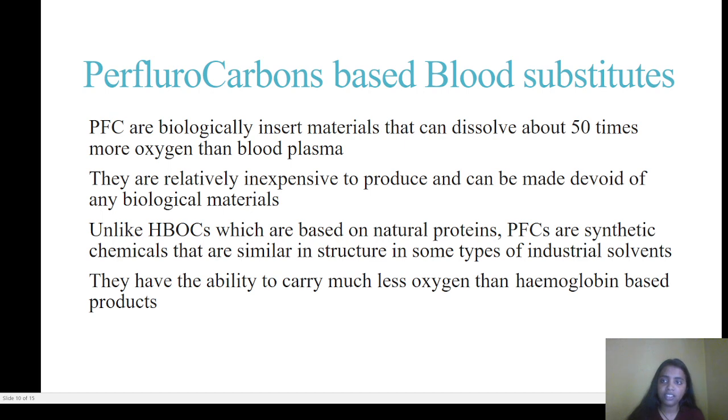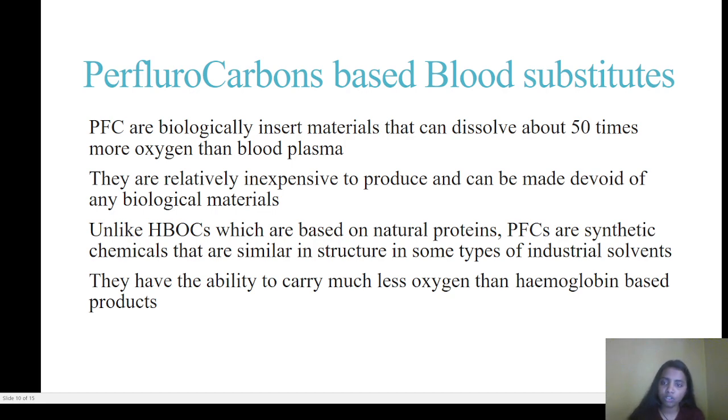Let me discuss its advantages, limitations, and example. PFC. Perfluorocarbons based blood substitutes are biologically inert materials that can dissolve about 50 times more oxygen than blood plasma. They are relatively inexpensive to produce and can be made devoid of any biological materials.